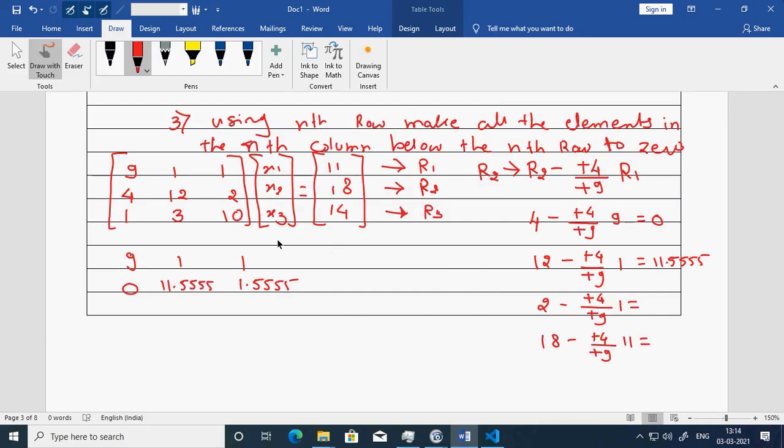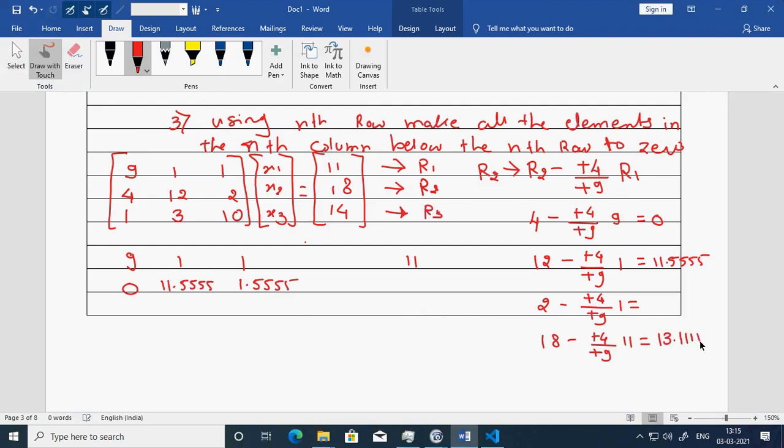So anybody could tell me this value? Yeah.